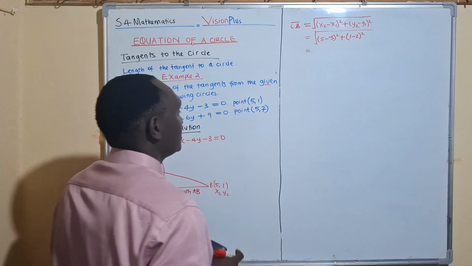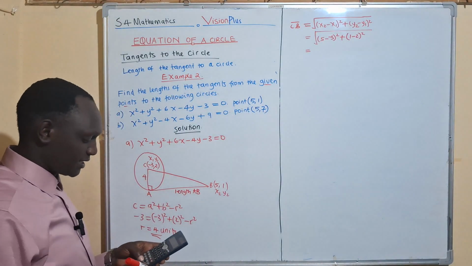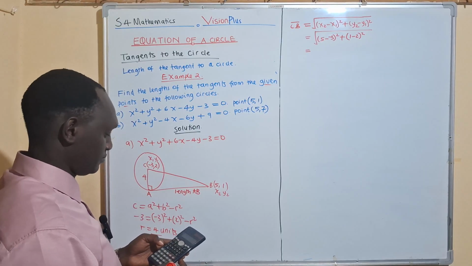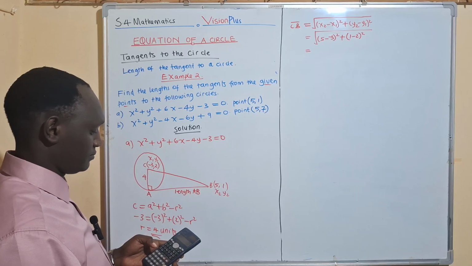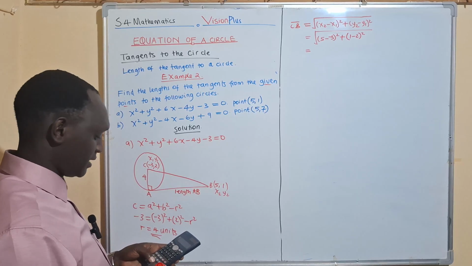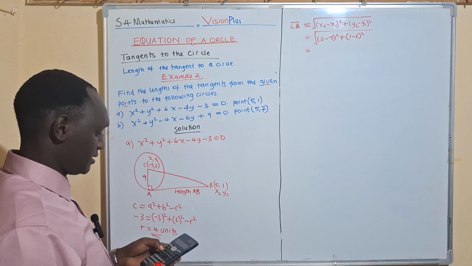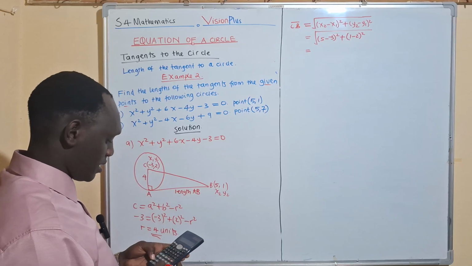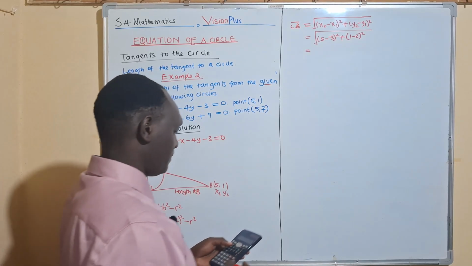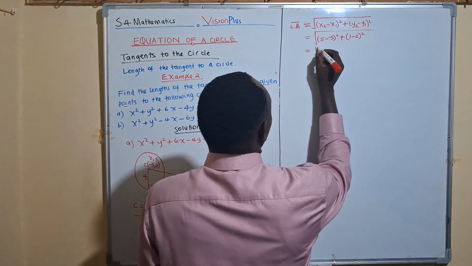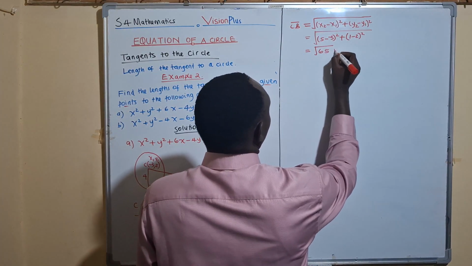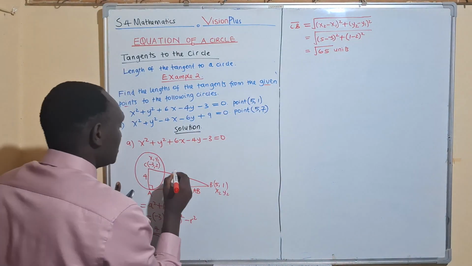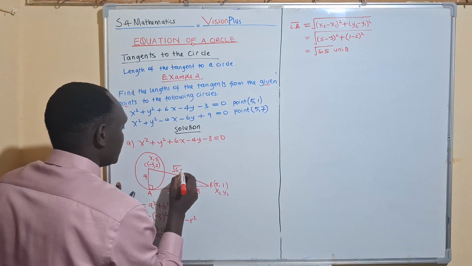This gives us the length CB. 5 minus -3 squared plus 1 minus 2 squared. I'm getting root of 65 units. That is the length CB. This length is root of 65 units.